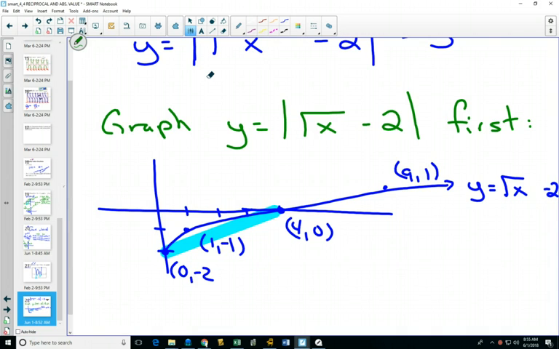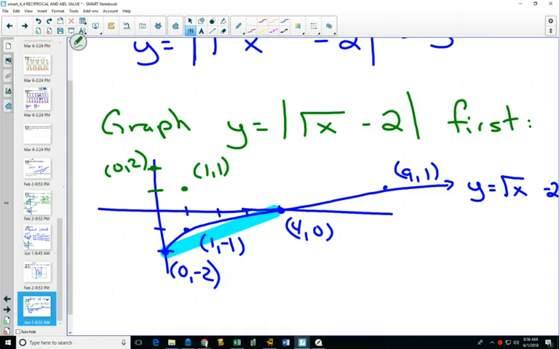What's going to happen to 0, negative 2? It's going to be 0, positive 2. What would happen to 1, negative 1? It would change to 1, comma 1.